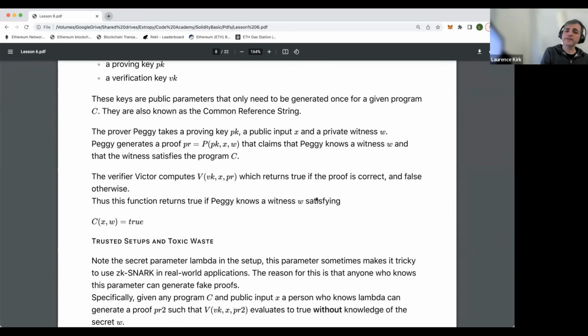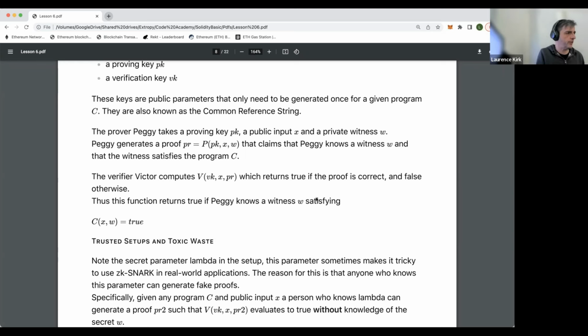Then Victor, the verifier, will do a similar process, but he will take the verification key that we created in the initial setup. He will take the public value, so the 25, for example, and he will take the proof from Peggy. From those, he is able to check whether this proof is correct or not.